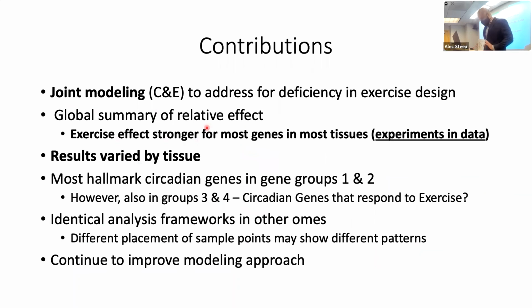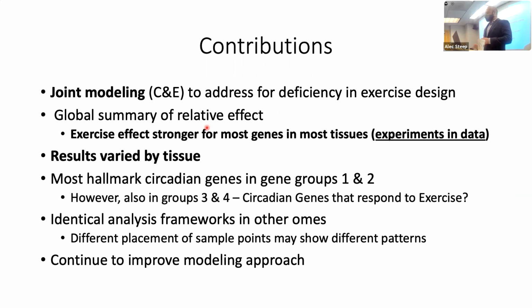So anyway, we're coming to the end of this talk. What we've shown is joint modeling of circadian rhythm and exercise response. We did this to address the deficiency in the exercise design. We showed a global summary of relative effects.